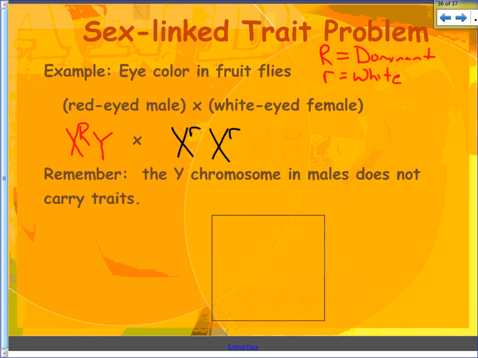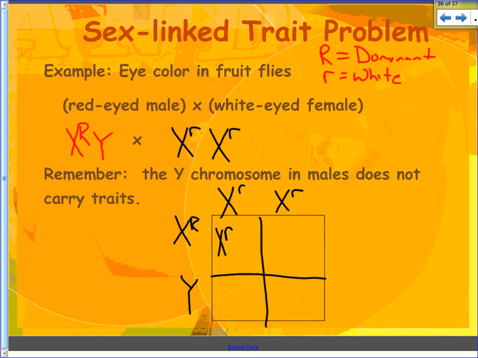Now, the neat thing about this cross is when we actually do the cross on a Punnett square, something really unusual happens. And for those of you that have done the fly lab, what you should have started to find in your sex-linked problems is that after the very first cross in your F1 generation, the traits switched.